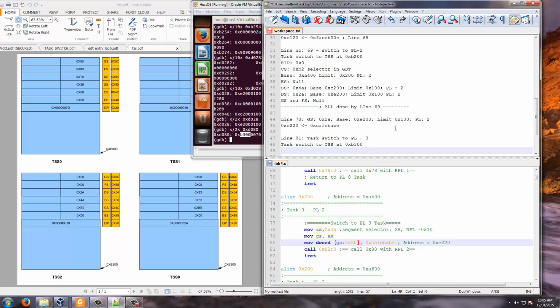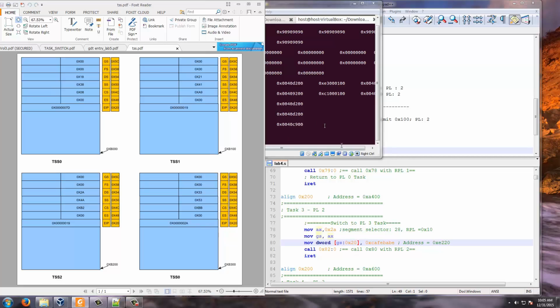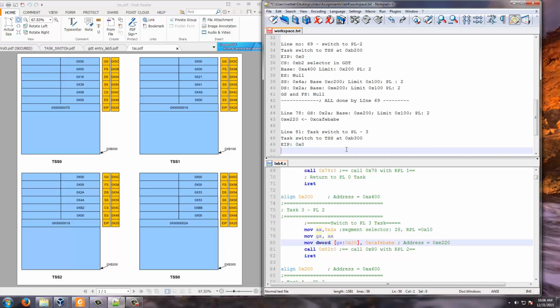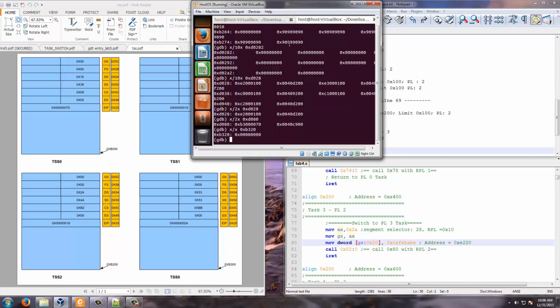Okay. And so let us go and see what is the EIP there, x/x 0xB320. So this is the thing. So again your EIP is 0. So what is happening because of this task switch? Your EIP is 0.